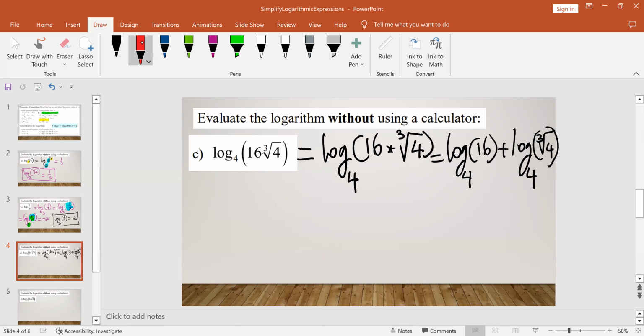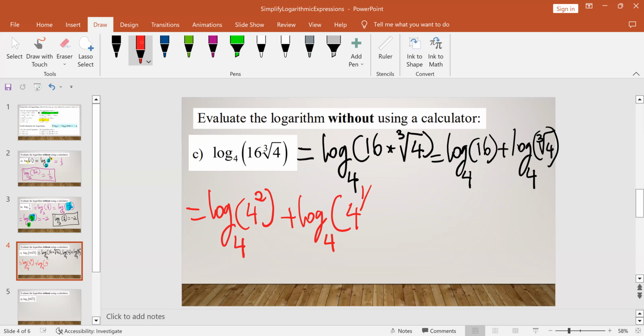That means we're going to have the logarithm with base 4, the 16 is the same as 4 to the second power, plus the logarithm with base 4 of the cube root of 4. Remember, this is the same as 4 raised to the 1 over 3 power. So the denominator is telling you what kind of root you have for the 4.